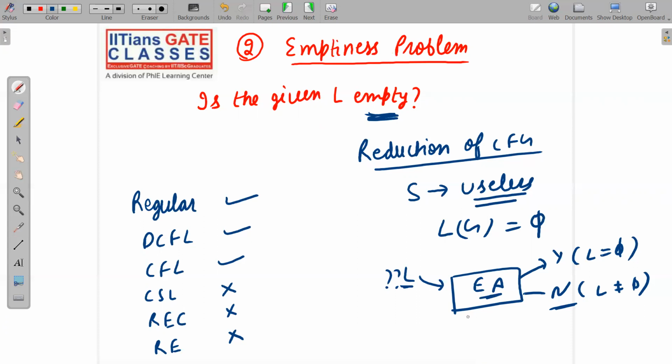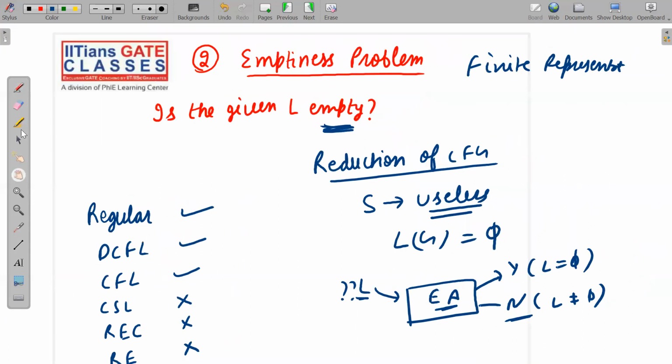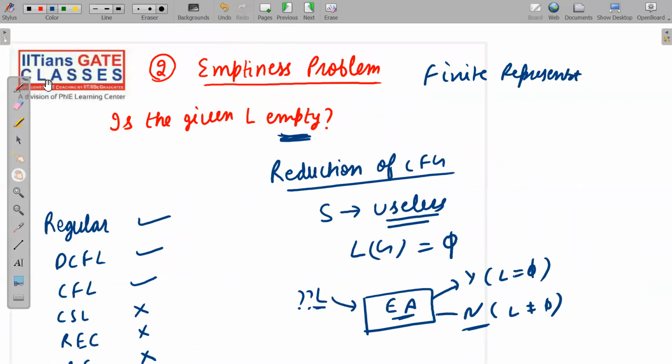So directly or indirectly, in each and every problem, we will use a finite representation of the language.